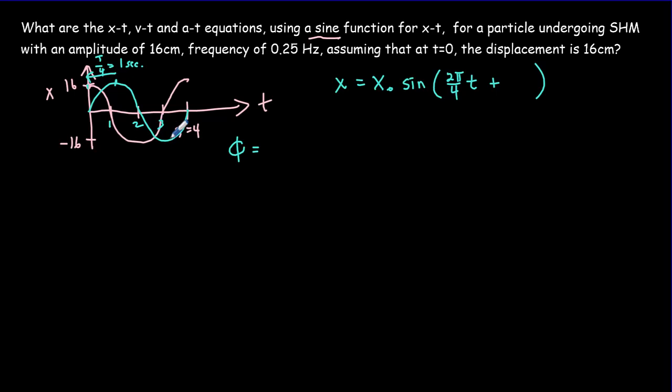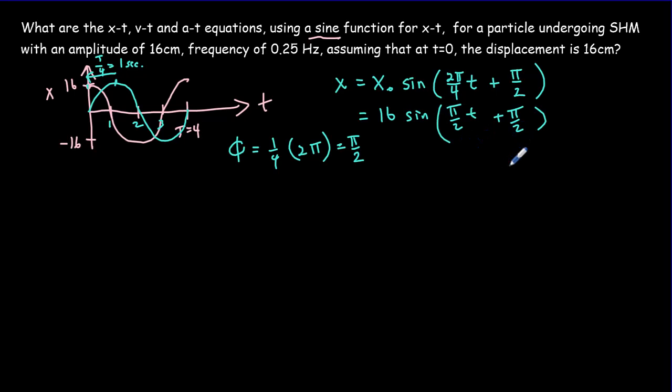So what is 1/4 of a cycle in radians? Well, a full cycle is 2 pi, so we'd like 1/4 of 2 pi, or pi over 2. So we need to add on here pi over 2. So our equation is going to become 16 sine of pi over 2 times t plus another pi over 2 for the phase angle.